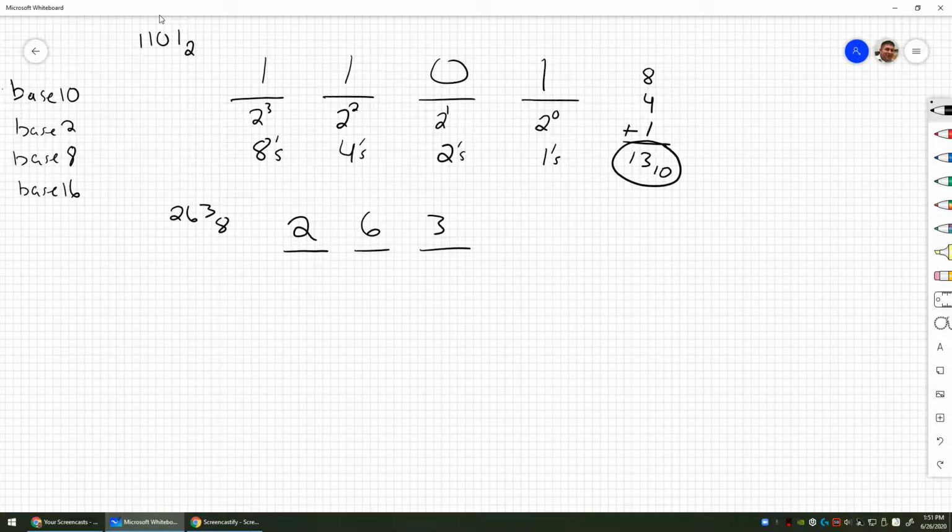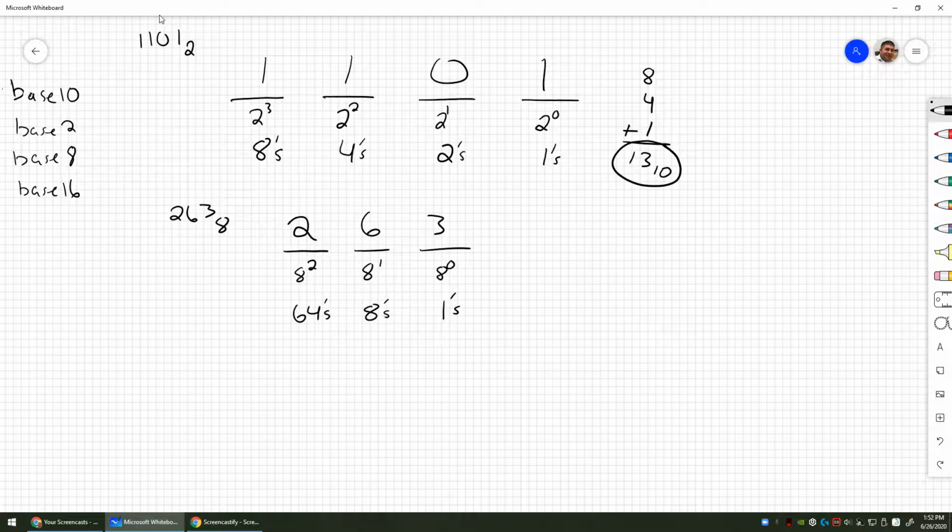This is 8 to the 0, 8 to the 1, 8 to the 2. Any number raised to the 0 power is a 1. So this is our ones place. And 8 to the 1 is 8. So that's our eights place. 8 to the 2 is 64. So that's our 64's place. I know that sounds crazy, right? So here's how we would convert this to tens.